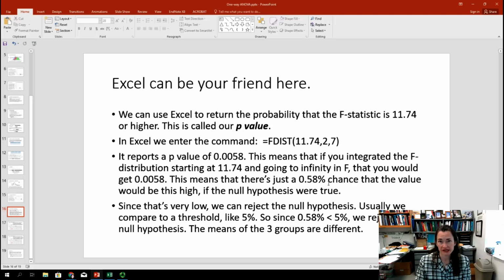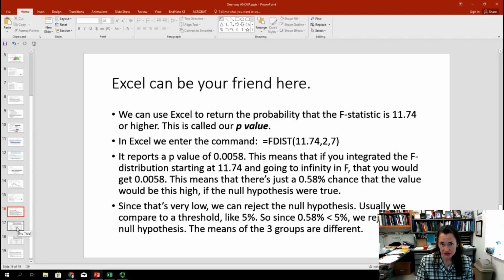Since that probability is less than either a 1% or a 5% threshold, then we can reject the null hypothesis because the chances of that happening are very low compared to our threshold. That means the three groups are different. So see, now we've quantified it, and we've said that there's a greater than 99% confidence that those three groups have at least one member that's different.